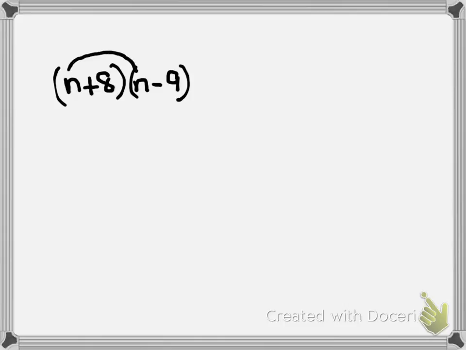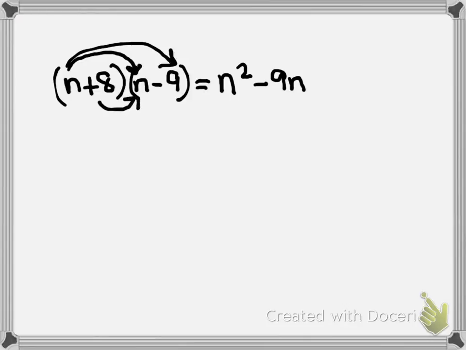So you draw your first hump, that's n times n, which is n squared. The second hump would be n times negative 9, which is negative 9n. Then this one, the 8 distributes, so 8 times n is 8n. And then when you distribute that 8 to the negative 9, that becomes a negative 72.